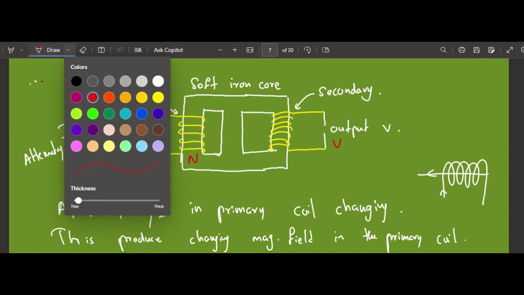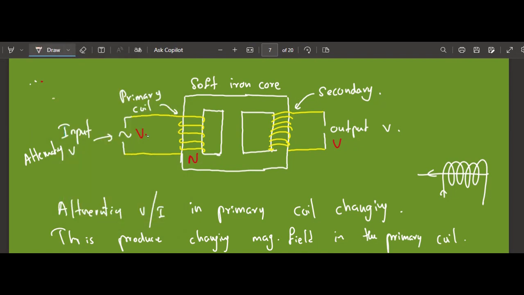So this is V in, N in, V out. The number of turns in the secondary is N out. Now we'll just use 1 and 2: V1, N1, V2, N2. Right, just draw this figure.